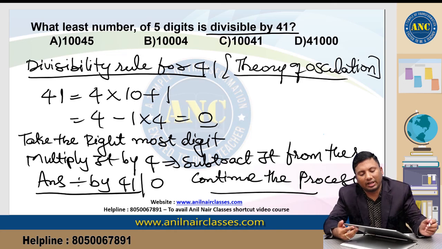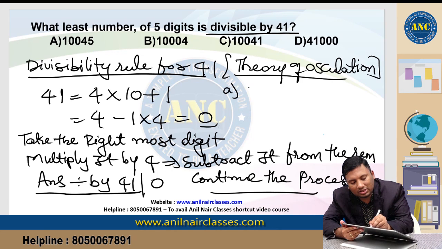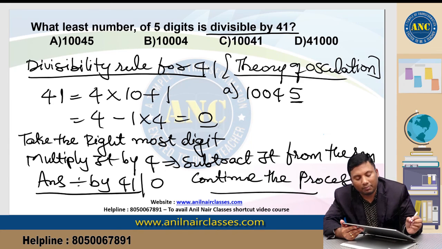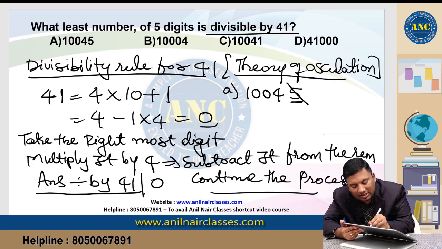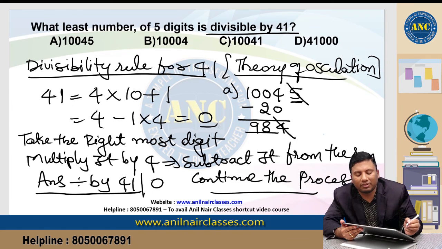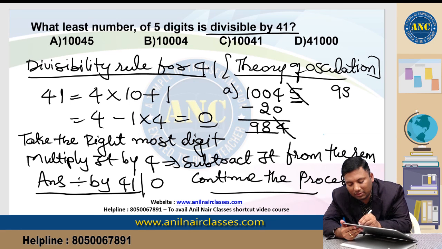Divisibility rule for 41. Suppose the first option is 1045. Take the unit digit, multiply it by 4. 5 4s are 20. Subtract it from the remaining number, which gives 84. Am I right? Take the unit digit, multiply by 4. 4 4s are 16. 98 minus 16, which is 82.